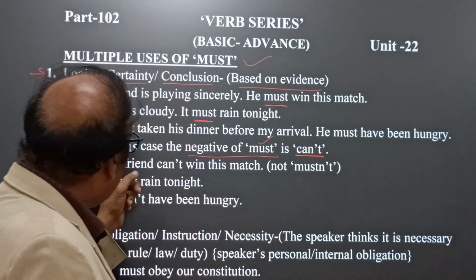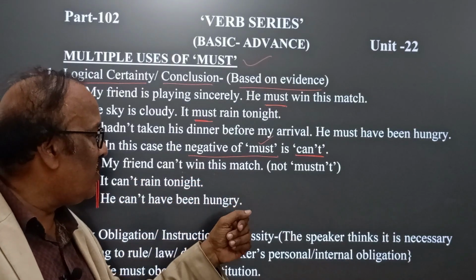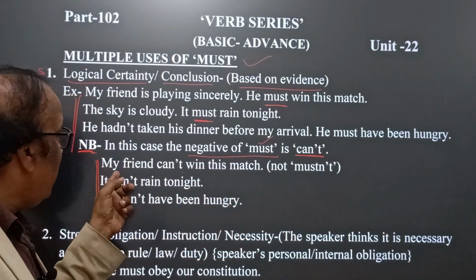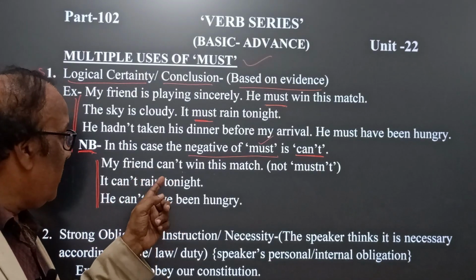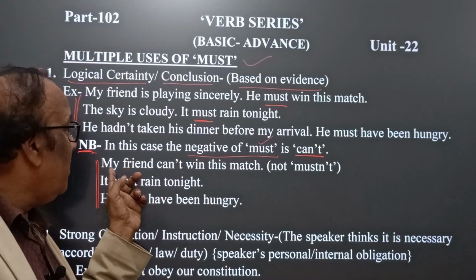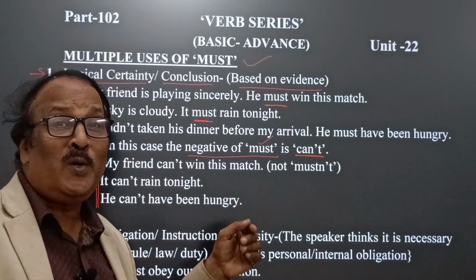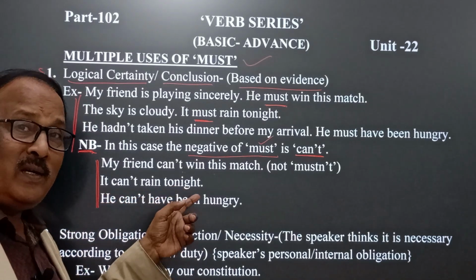Okay, how? See in examples, my friend can't win this match. It means here the speaker is sure that his friend can't win the match. We cannot write here, my friend mustn't win the match. Another, it can't rain tonight.